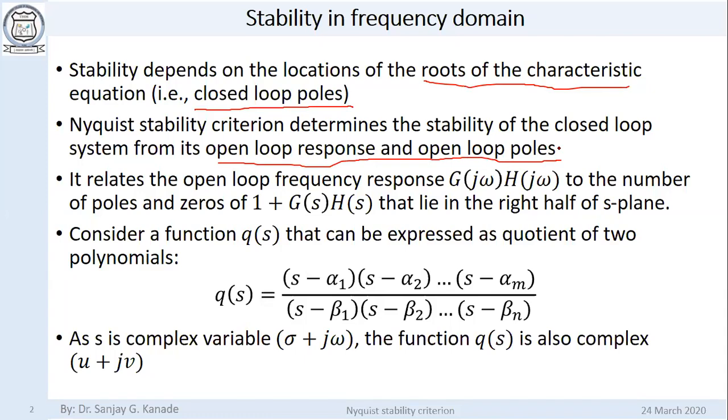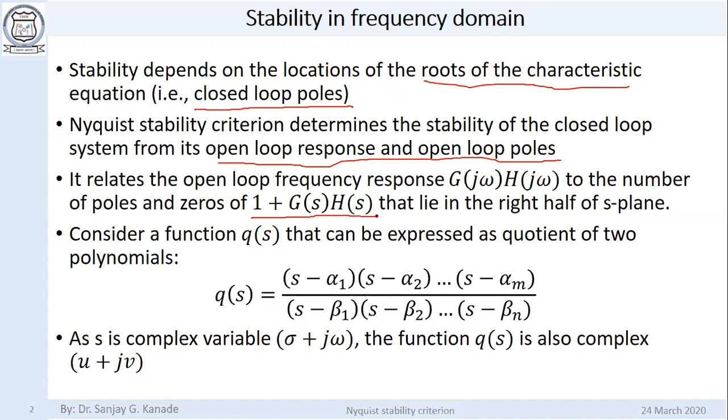Now, as written in the first point, roots of the characteristic equation. So what is the characteristic equation? It is 1 plus G(s)H(s), correct? 1 plus G(s)H(s) equal to 0 is the characteristic equation.